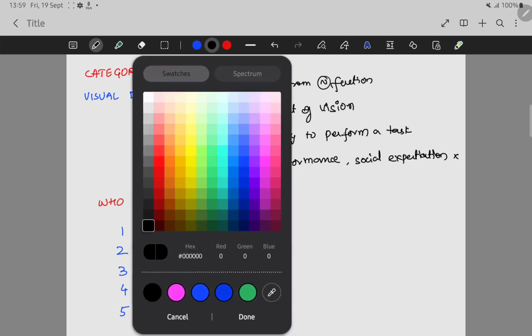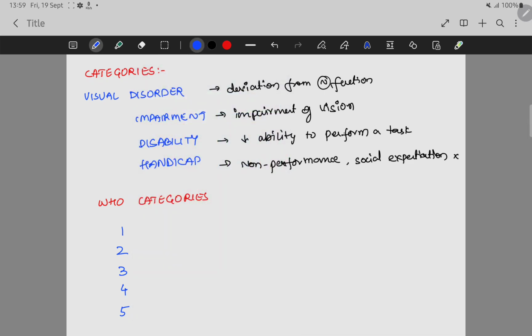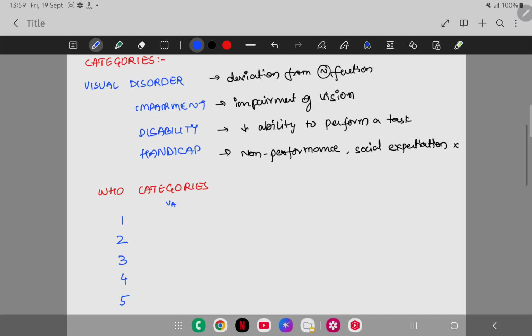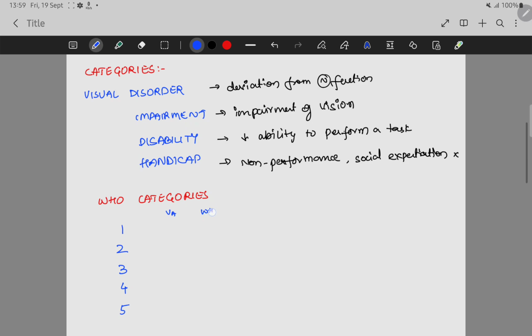Normally vision is 6/6, 6/18. Grade 1 is less than 6/18 to 6/60. So this is impairment.